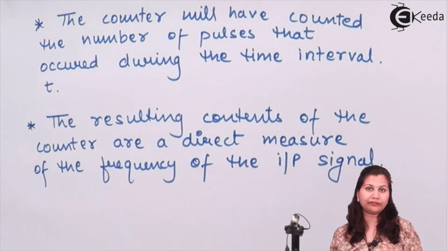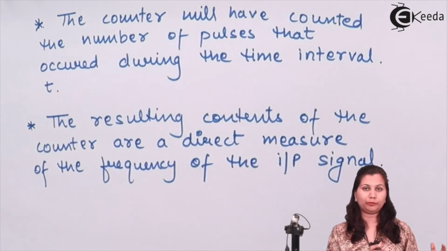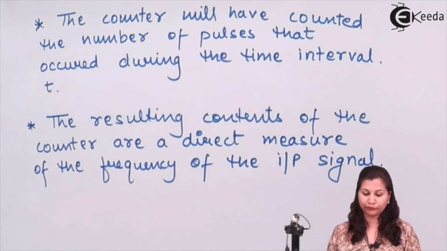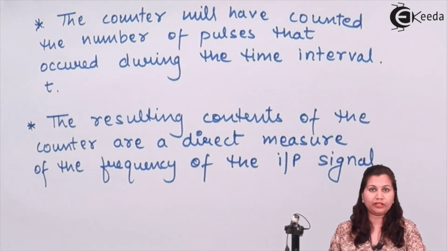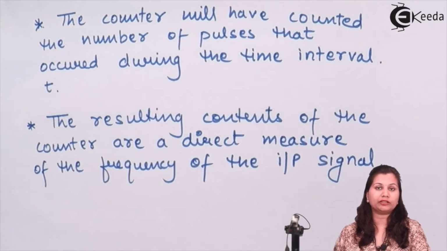So we can directly read the frequency from the counter. In this digital frequency meter, we are measuring the frequency of an unknown signal by using a counter. We are getting a direct digital reading from the contents of the counter, which means we get the numeric value of the frequency.